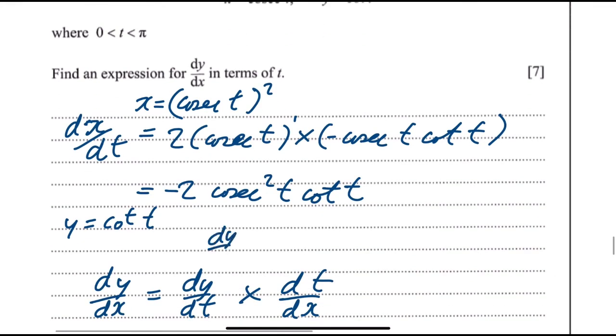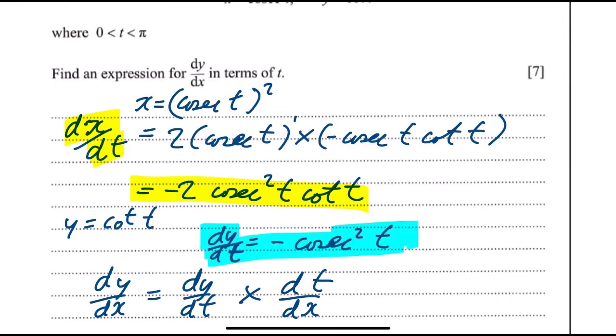If you differentiate that, dy by dt, I should say, is going to be minus cosec squared t. So, very importantly, dx by dt equals this, and then your dy by dt is equal to this.